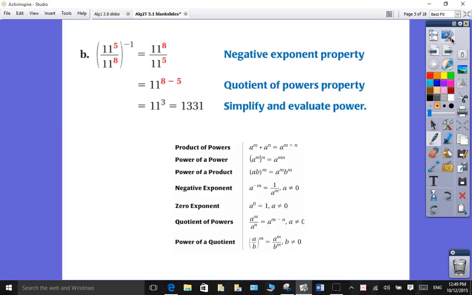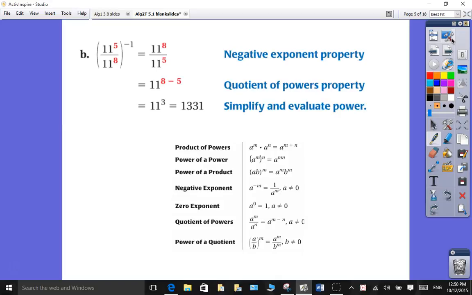Now you've got a quotient property. 11 to the 8th over 11 to the 5th, that would tell you to subtract 8 minus 5. And 11 to the 3rd, 11 times 11 times 11. Now, do you have to do it that way?